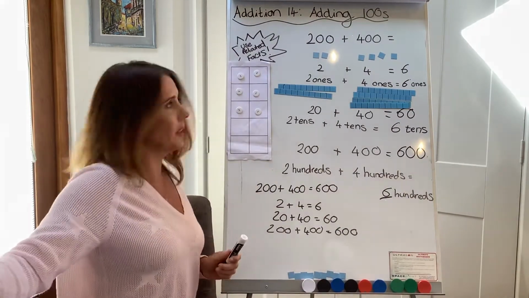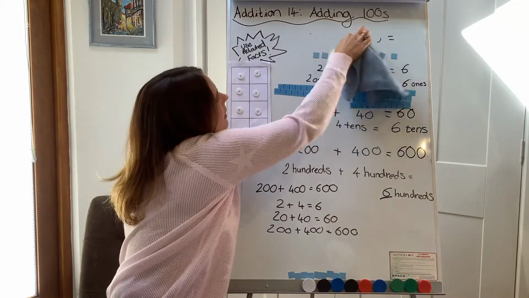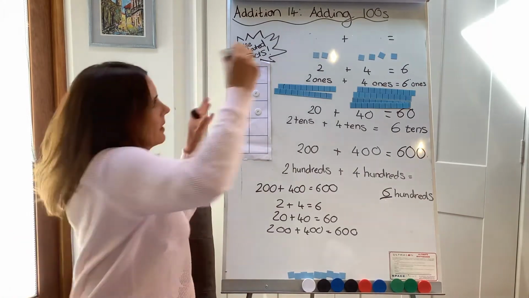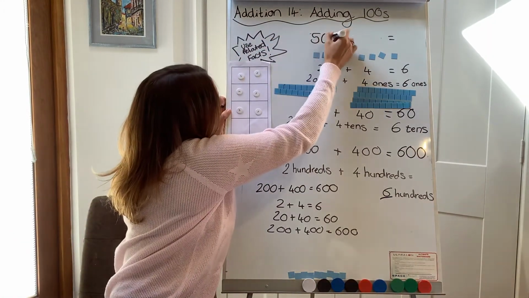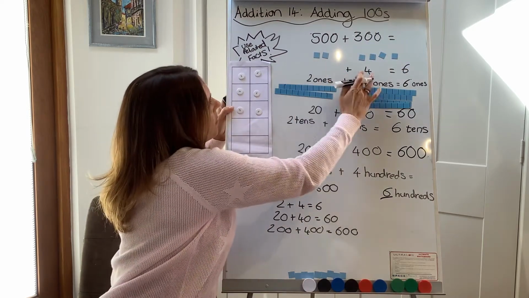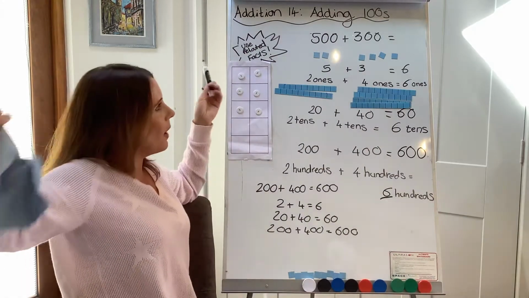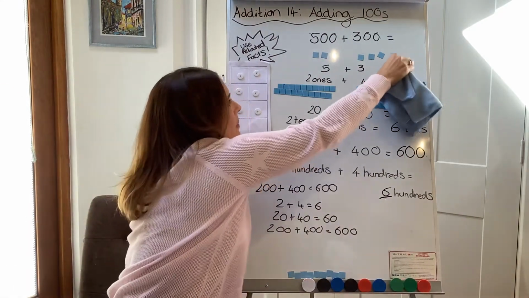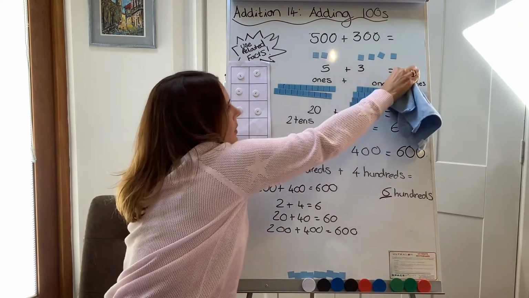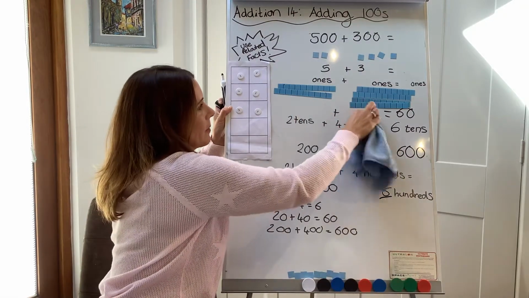So I'd like you to have a go now with the numbers 500 and 300. So what I want you to do is think about how you can have 5 and 3. How can that knowledge of your number bonds, numbers that go together to make 5 and 3, help you to find out what 500 and 300 is?